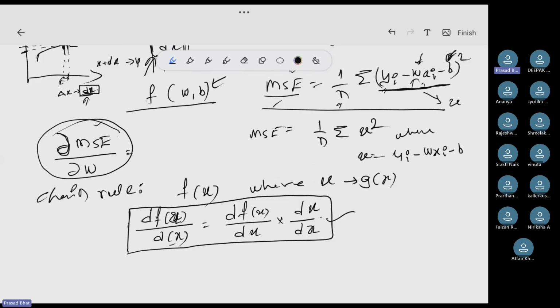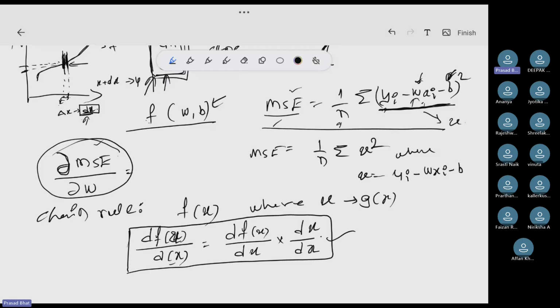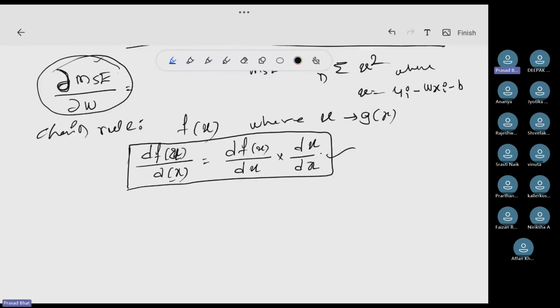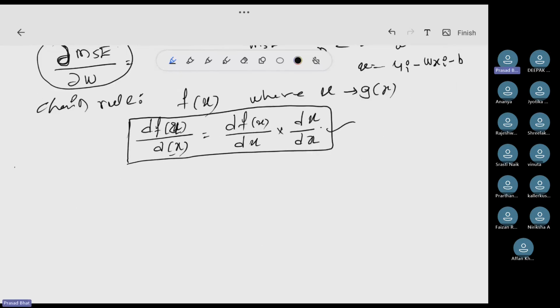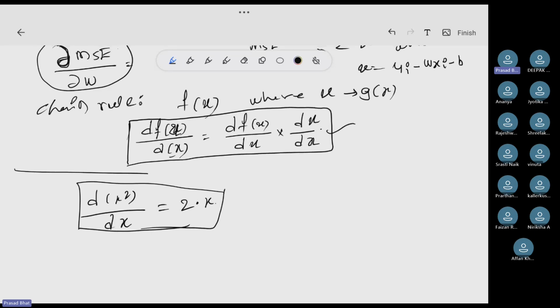We simply take the differentiation of this first, that is nothing but df by du, here called dou, the partial derivative. And a standard rule in differentiation is if I have d of x square divided by dx, then the result is 2 into x. We are trying to make use of this one.